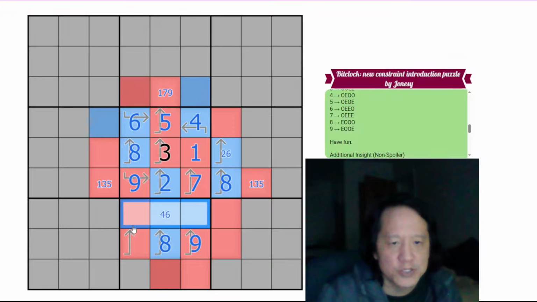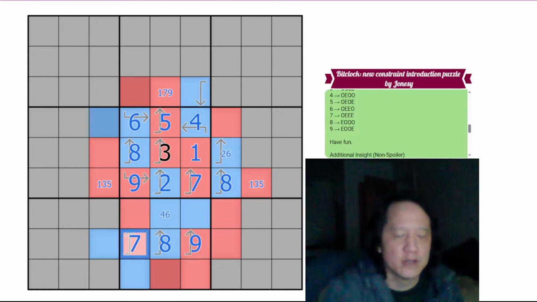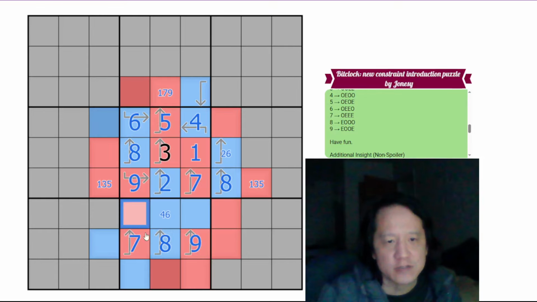In this lower central box, we have 5 odds, so this must be even here. This is an odd digit, which has the 4-bit and the 2-bit on, so it must have the 1-bit on too, and this is 7. Does not have the 8-bit on, obviously, so that's why that's 7.